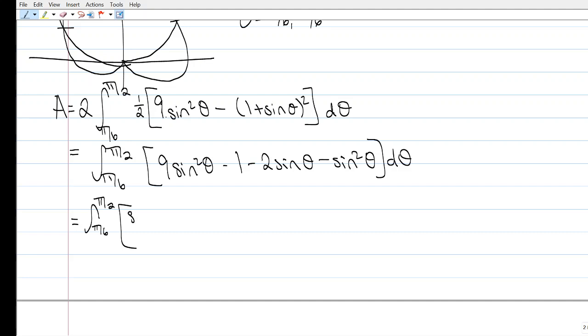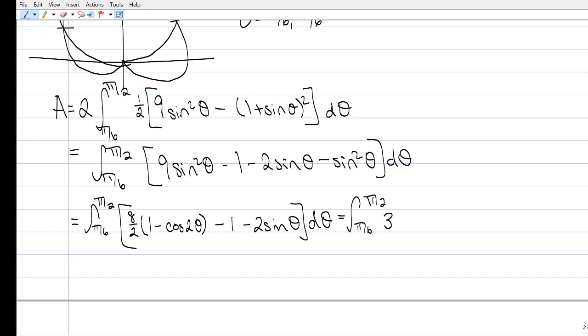So I'll have 8 over 2 times the quantity 1 minus cosine 2 theta minus 1 minus 2 sine theta d theta. This simplifies to the integral from pi over 6 to pi over 2 of 4 minus 1, so 3, minus 4 cosine 2 theta minus 2 sine theta d theta.